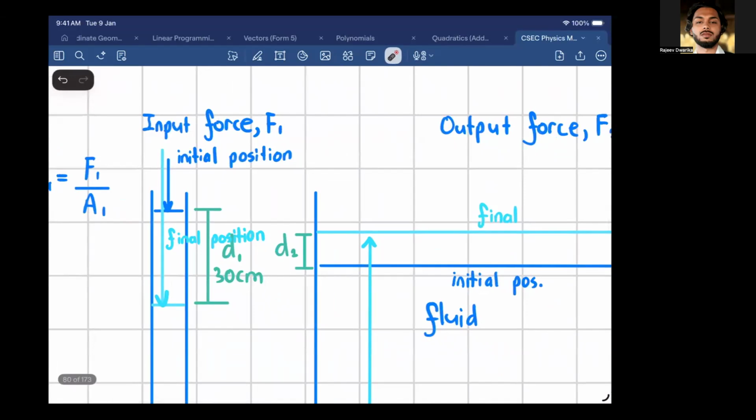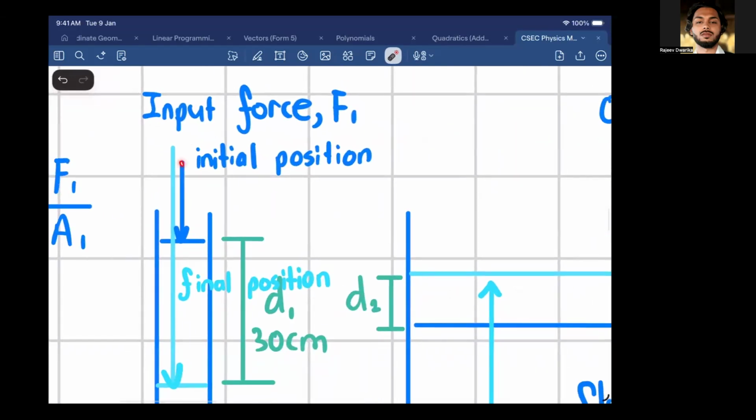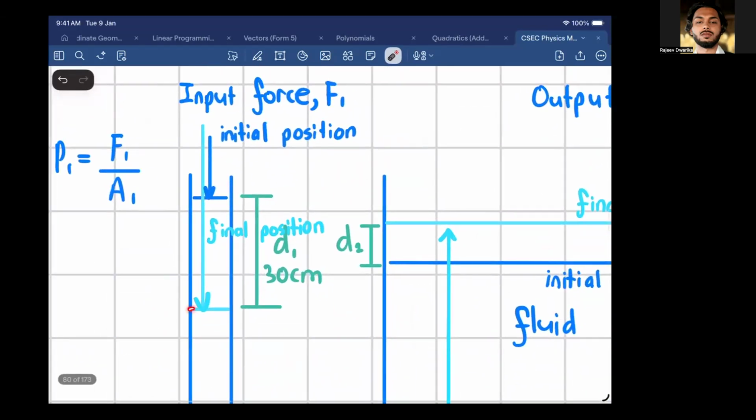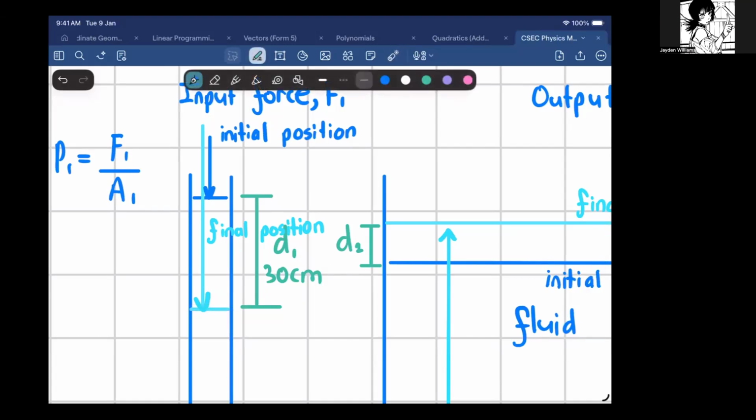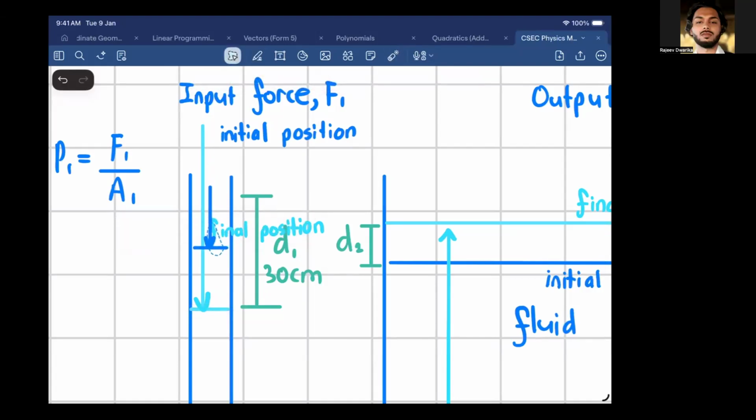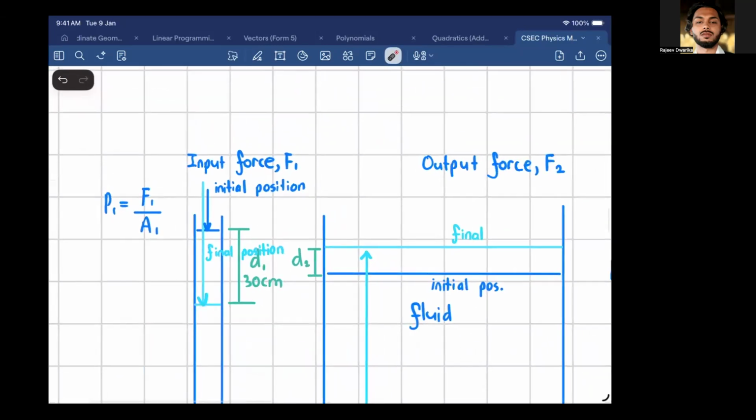So Jidan, if you apply a force to the ram, wouldn't you push the piston downwards to this position now? Yeah, so all you're doing is applying a force. If you push down, you're reaching that position. That makes sense, right? Great. So the light blue is the final position, reaching over here now. Now Jaden, do you think you could compress liquids?